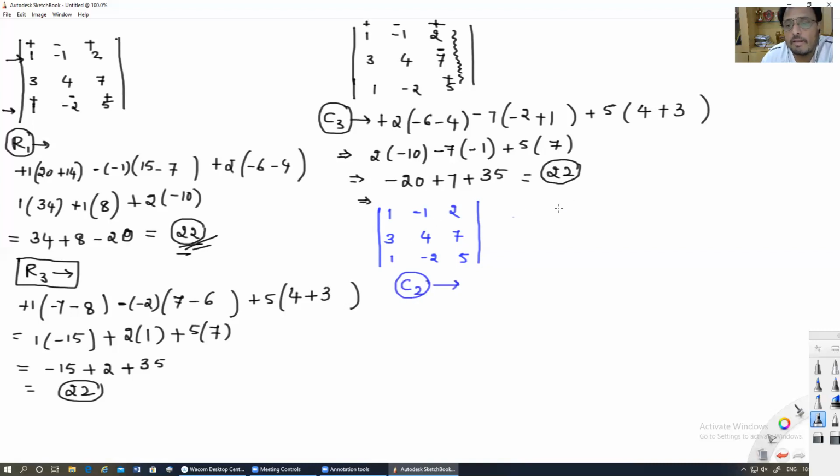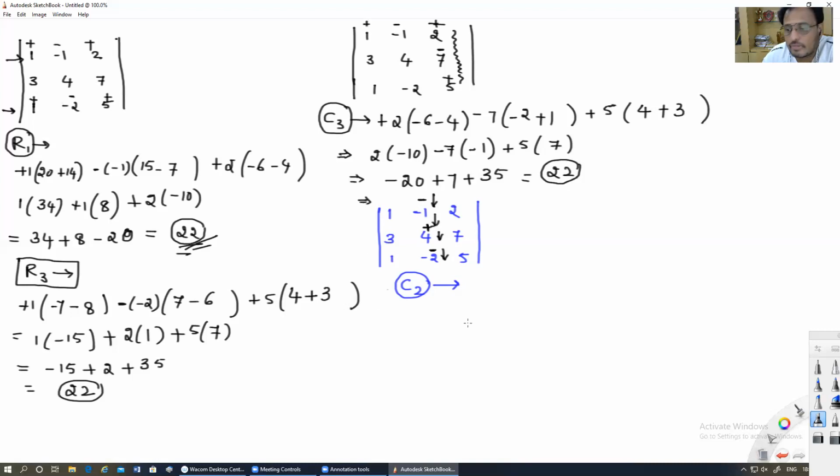Column 2 means here, it will start from here. Column 2 means plus, it is minus. After minus, you have to go down like this. So plus, minus, after minus it is plus, and again minus, it is plus. So that is the top sign.